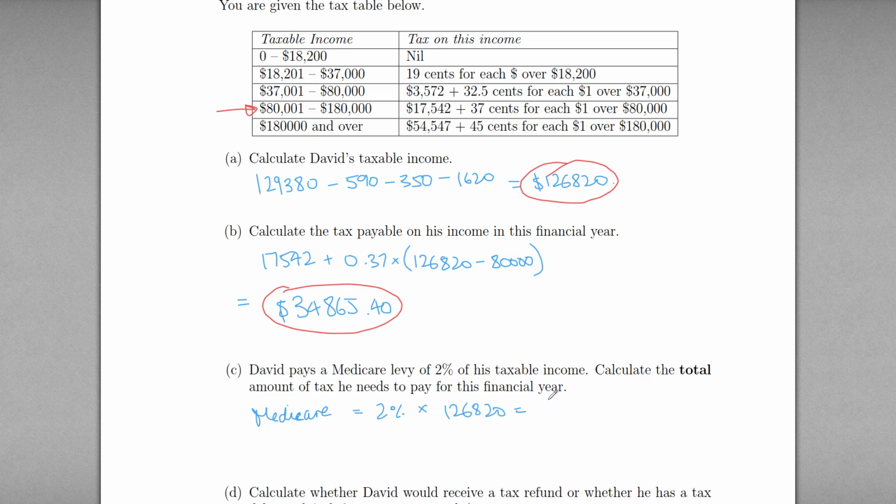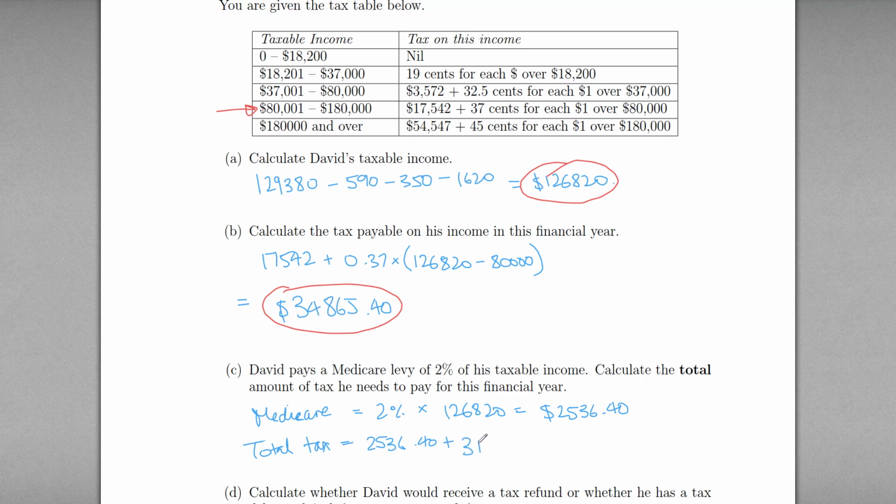So 126,820 times 2%, which gives me 2536.4, which means his total tax will be to add this amount, so this 2536.4 added to his income tax.